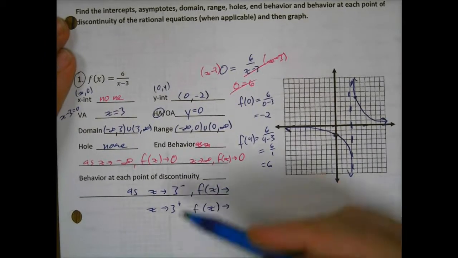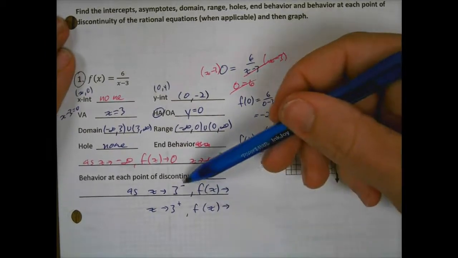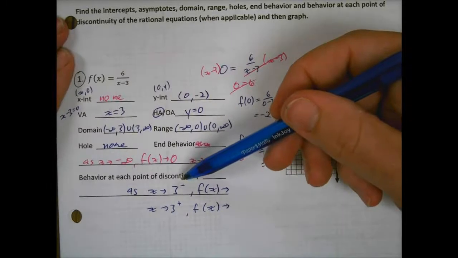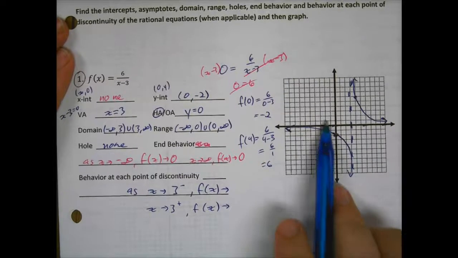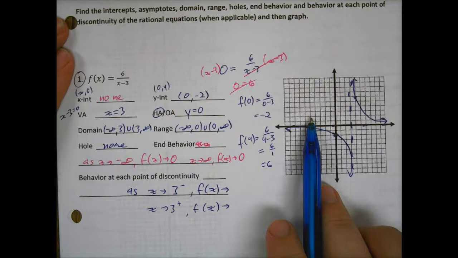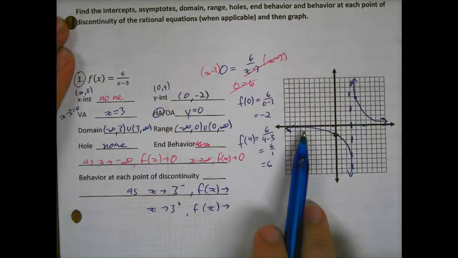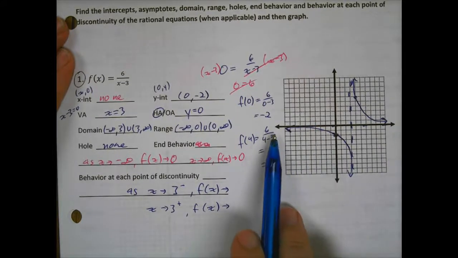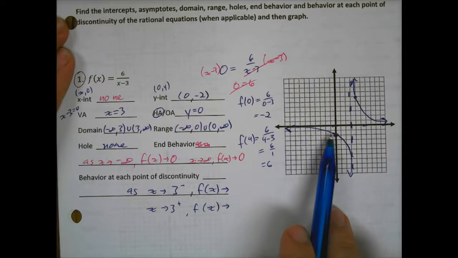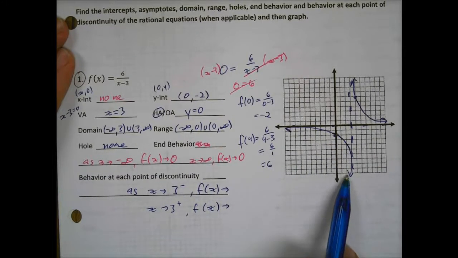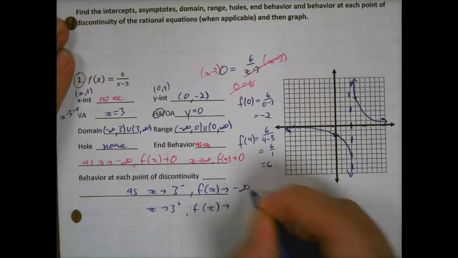From the negative direction, as we get infinitely close to 3, our y values are going down forever to negative infinity.